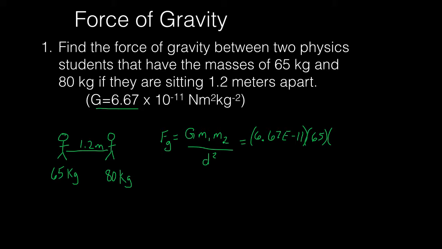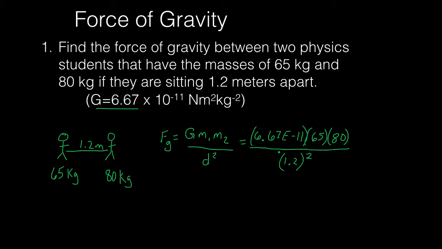And then for M2, I'm going to put 80 kgs. And then you divide that all by the distance between them squared. And this has to be in meters to get the units to work out. And luckily in the problem it was 1.2 meters apart. So 1.2, but don't forget that the distance between them is squared.